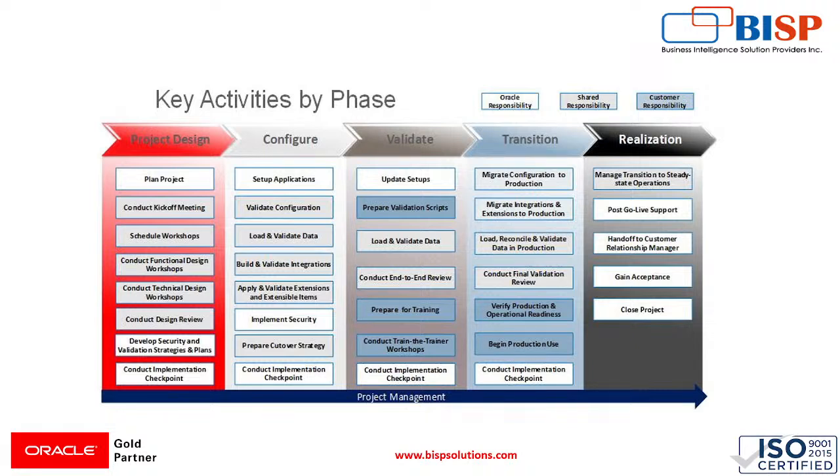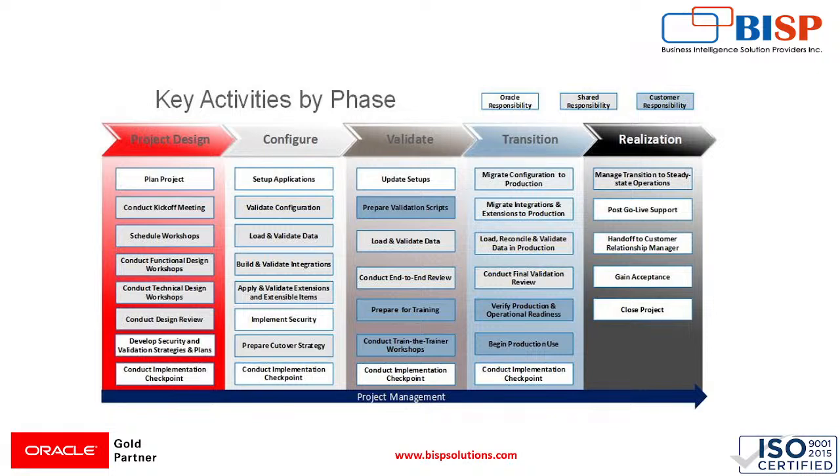Now here you can see the key activities by phases: the Oracle responsibility, shared responsibility, and customer's responsibility. The key activities begin with designing the project, like planning the project. This is a broader view of OUM. You can see the highlighted parts: the white ones are Oracle's responsibility, the application responsibility, and the gray ones are shared responsibility.